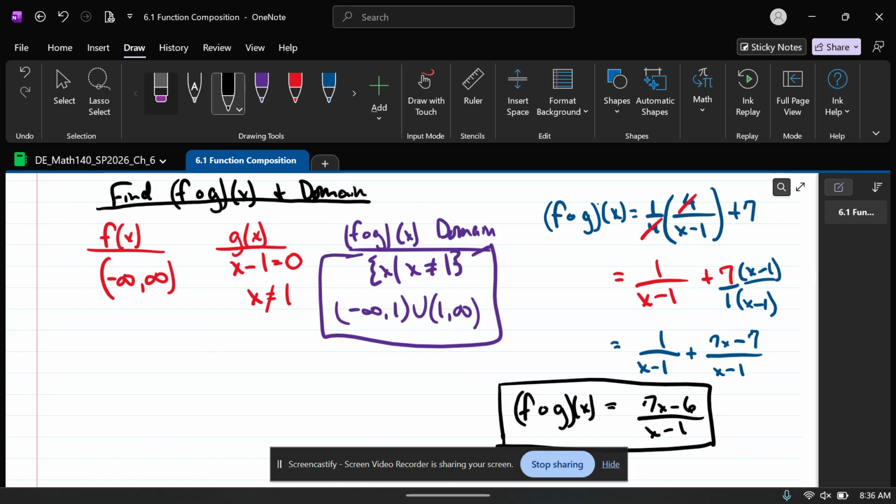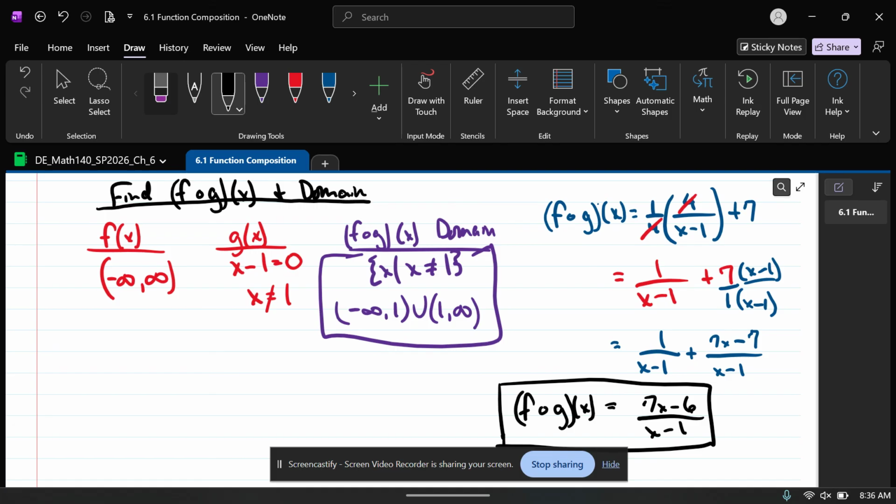There's our function. Look at the denominator. If I set x minus 1 equal to 0, would I get 1 being the restriction? Absolutely. So what you find on your composite function should work well with what you find for your domain. Okay. All right.